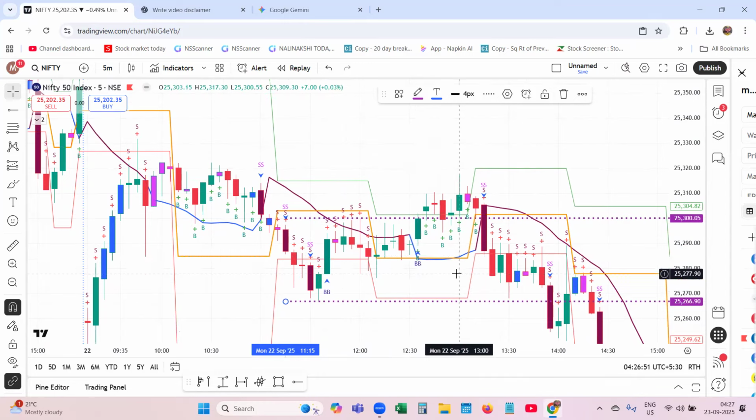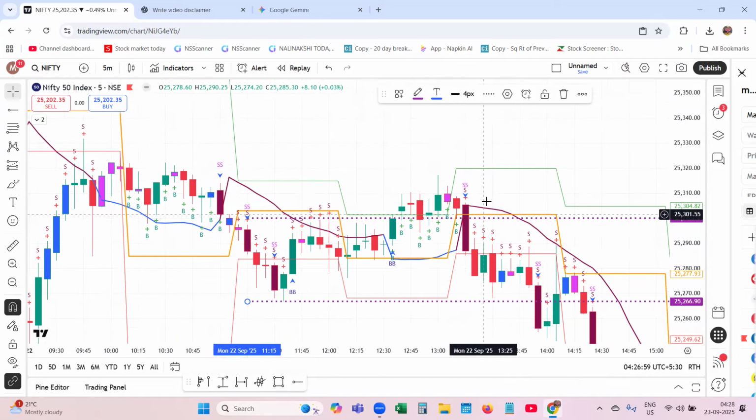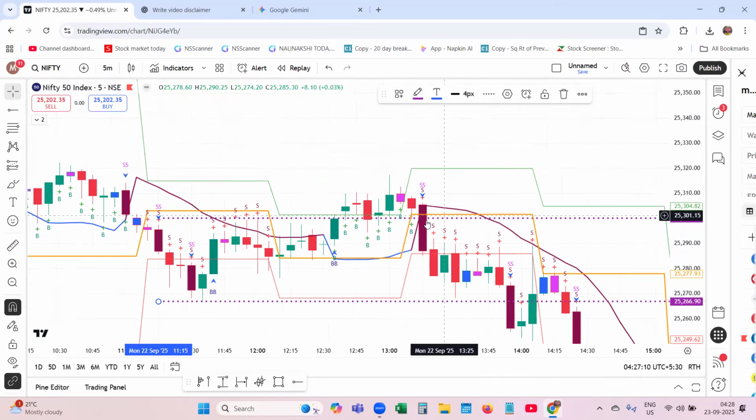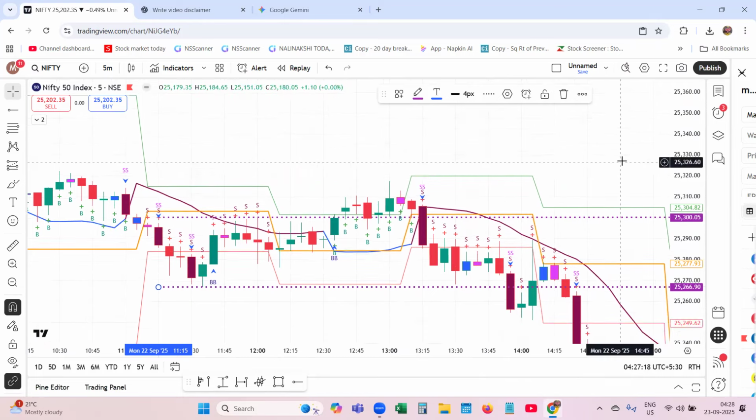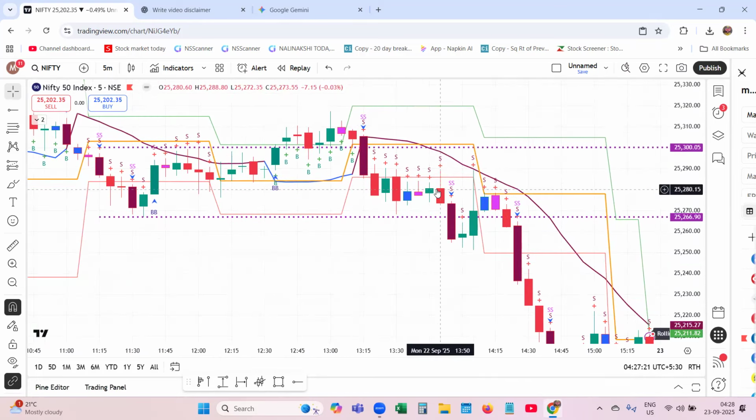It was a false breakout, so immediately after this the indicator is alerting sell and the Gann HiLo turned its color magenta, and repeatedly sell signal was generated even though the market went sideways. Immediately after this fall, big bar fall, the market went sideways.